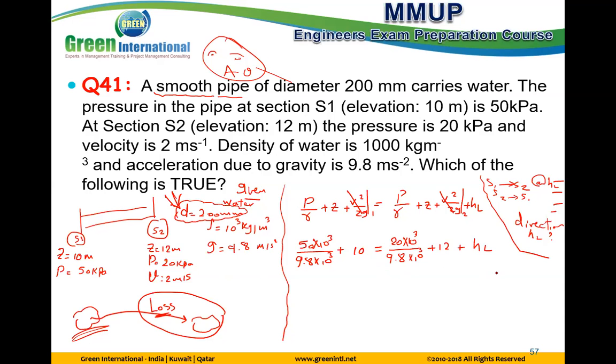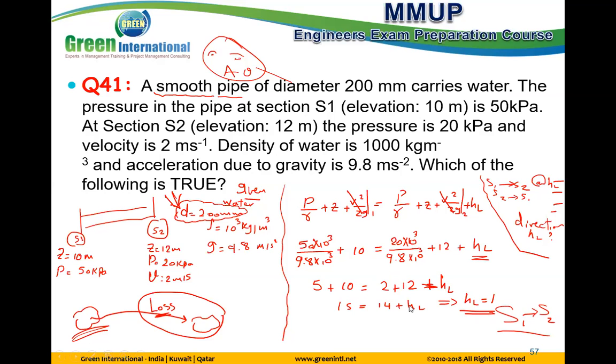From this equation you can get H losses directly. The 10 to the power 3 cancel. 50 we can approximate as 10, it means 5, plus 10; 20 divided by 10, which is 2, plus 12, plus H losses. 15 equals 14 plus H losses, which is H losses approximately 1. Positive. It means the direction of flow is from S1 to S2.